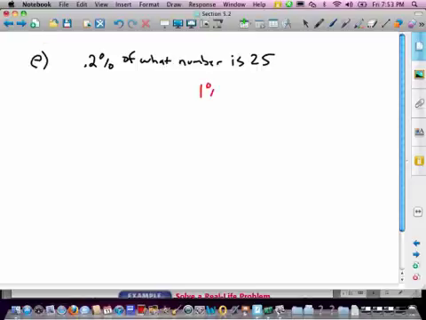So let's just think, if I had 1% of a number and that equaled 25, let's think about what this is saying. That means this number is really, really big, because I could take only 1% of it and get 25. That means it is 100 times bigger than 25.